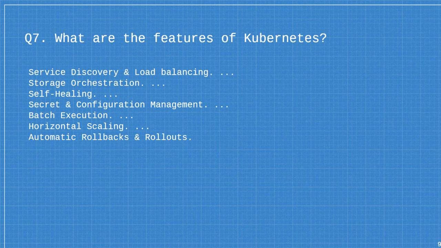Then load balancing: we have different services available in Kubernetes, and they can act as a load balancer. For example, we have a ClusterIP service for a particular web server, and under the web server we have three Nginx containers. It will equally distribute the requests to all three, as a service does load balancing by default. Then storage orchestration, like StatefulSets, plus self-healing.